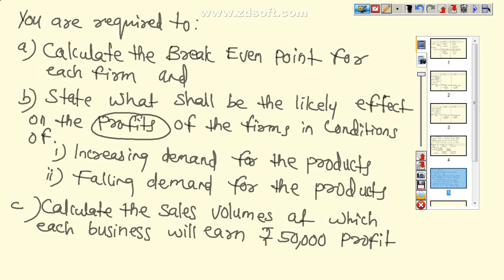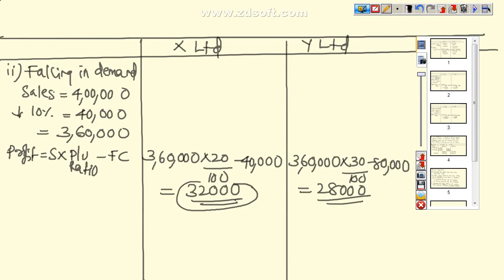And the last and final, we have to calculate the sales volume at which each business will earn 50,000 profit, because this is the desired profit given. We have to calculate the sales. Now we apply the formula: sales volume is equal to fixed cost plus desired profit upon PV ratio.